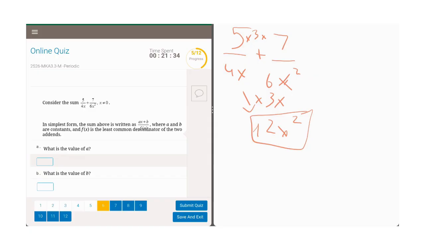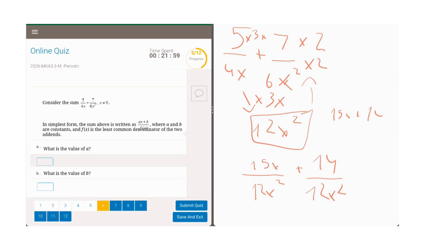And for the second fraction, to become 12x squared, we just multiply by 2 on both sides. So we're gonna have 5 times 3x, 15x over 12x squared plus 14 over 12x squared. So you can rewrite this as 15x plus 14 over 12x squared.